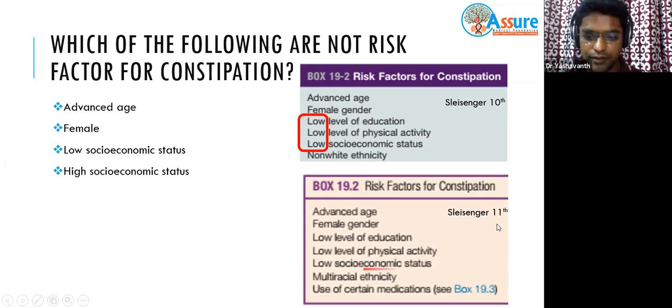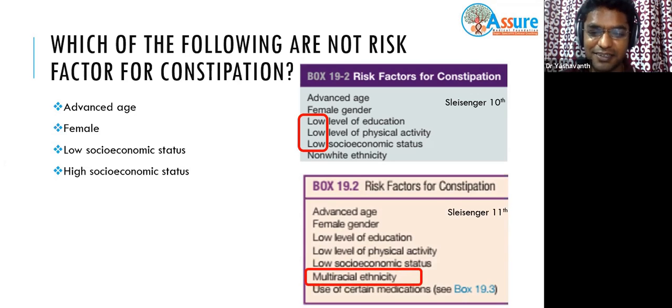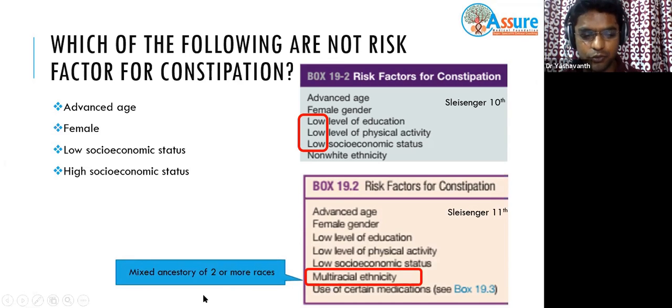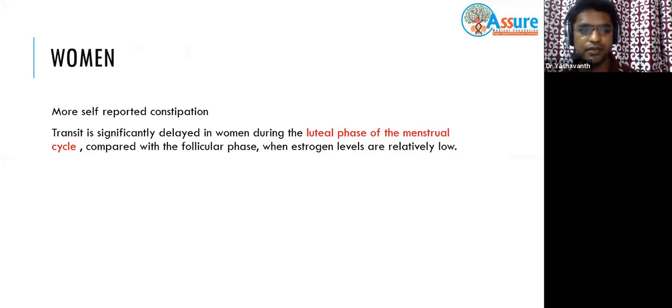In Schwartz 11th edition, there is a slight difference, maybe a little change in English: non-white ethnicity has changed to multiracial ethnicity. What Google gives for multiracial ethnicity is mixed ancestry of two or more races. I leave it to you to understand what exactly it is, but just be aware.